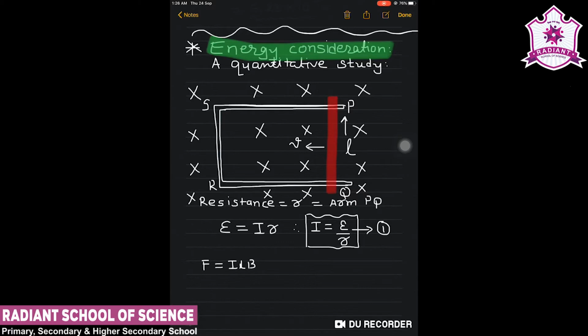Now we have the equation of I, that is E by R, so we can replace it: E by R into L into B. But here the rod PQ is moving, so obviously a motional EMF will be produced.